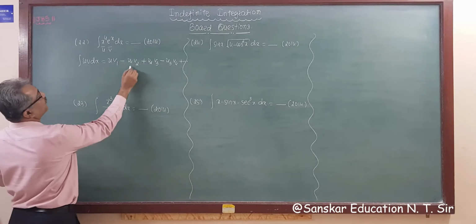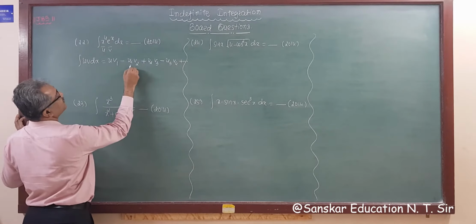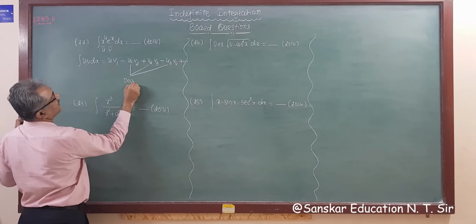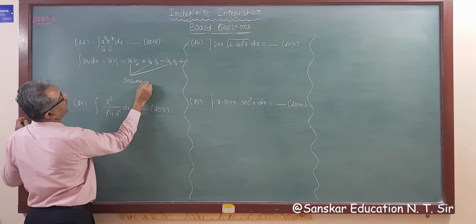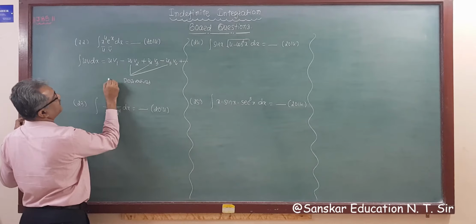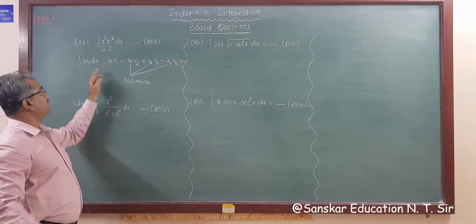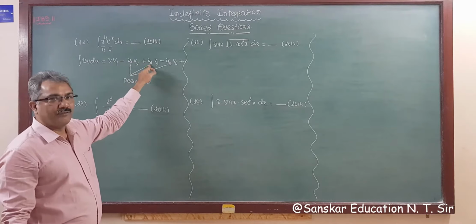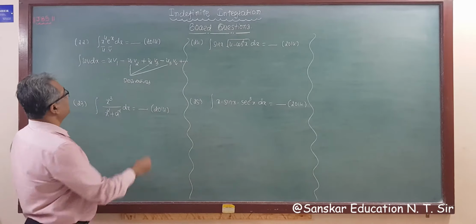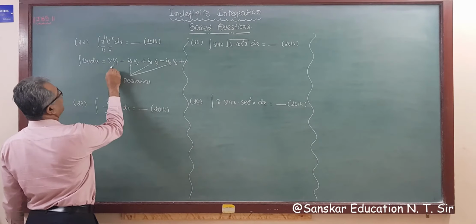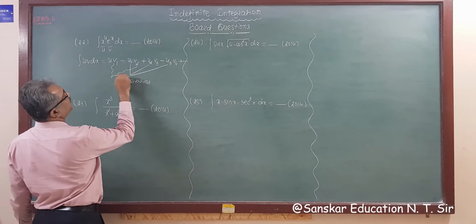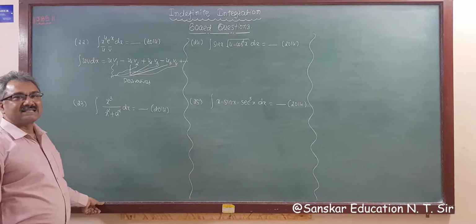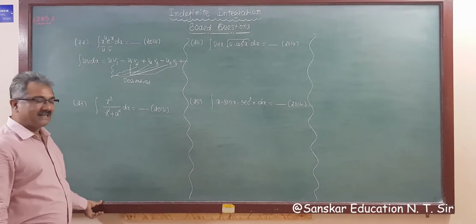Where u1, u2, u3 are the respective derivatives. That is, derivative of u is u1, derivative of u1 is u2, derivative of u2 is u3, like that. And these v1, v2, v3, v4 are the respective successive integrations, right?